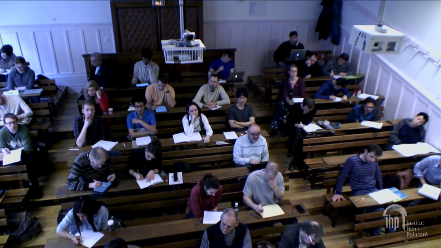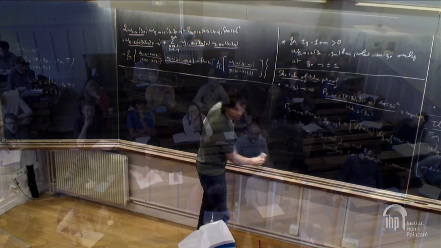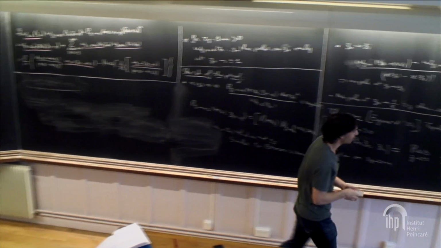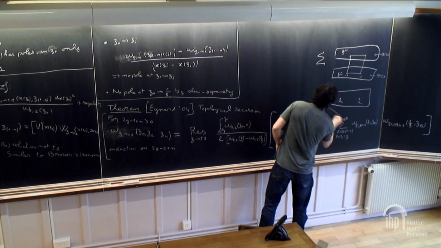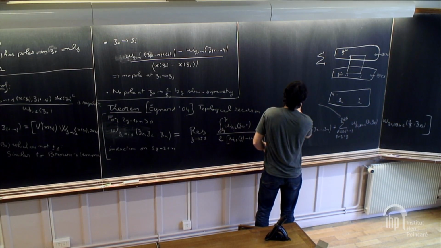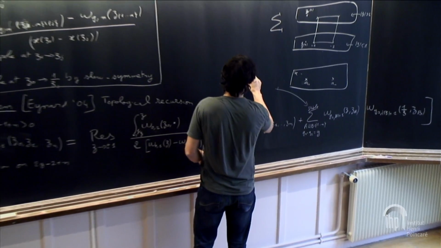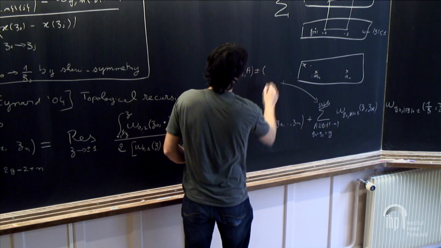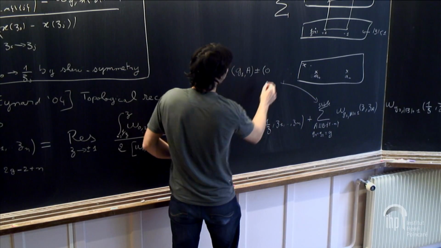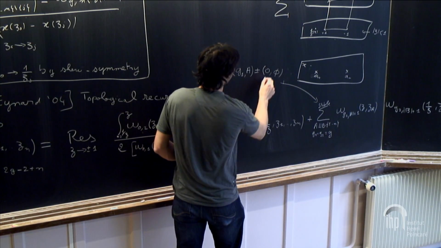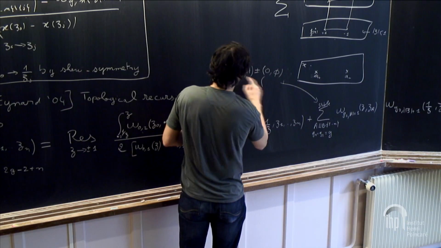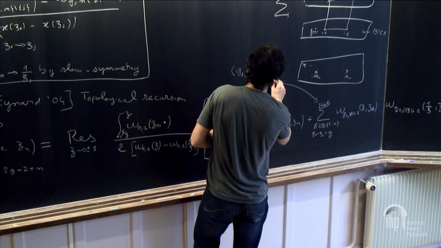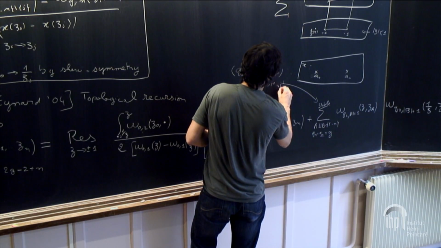Now, let's prove it. Stable means that G1, A is different from, so you don't want to have G1 equals 0 and A empty, and you don't want to have G1 equal to G and A equal to the full set.